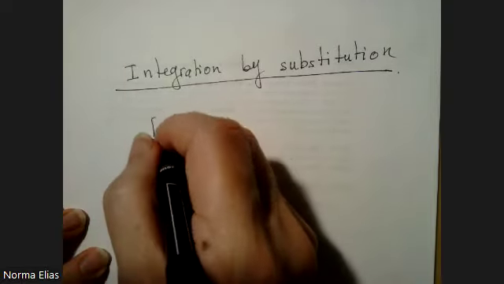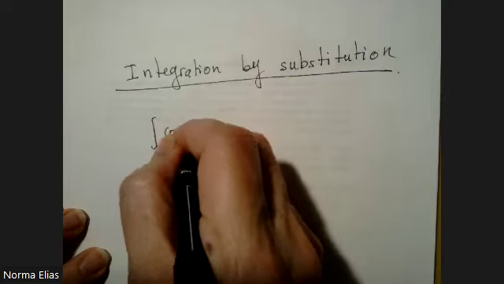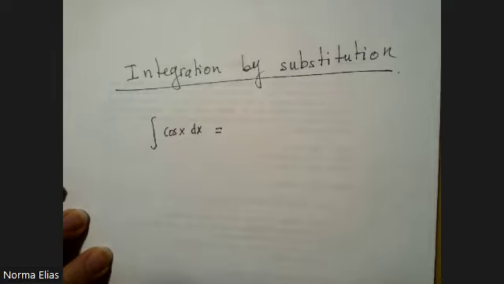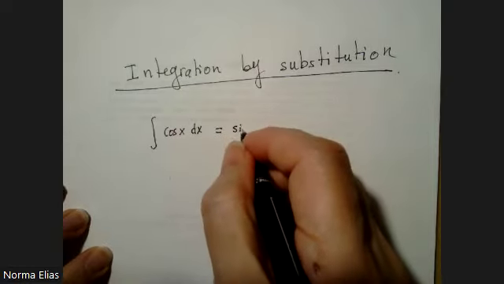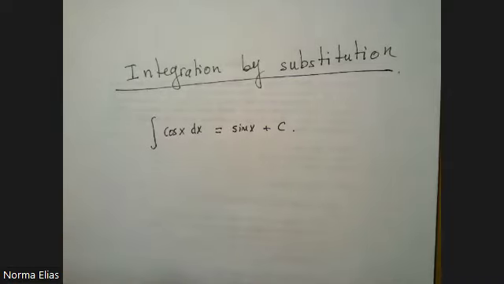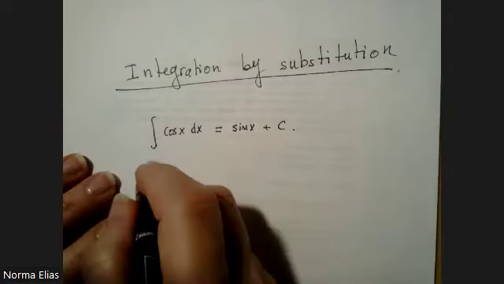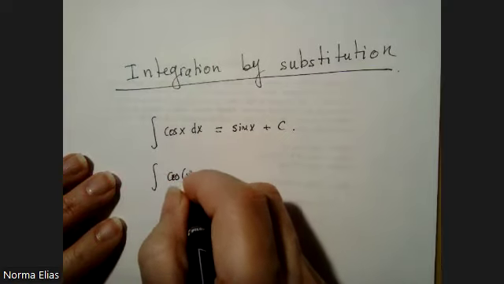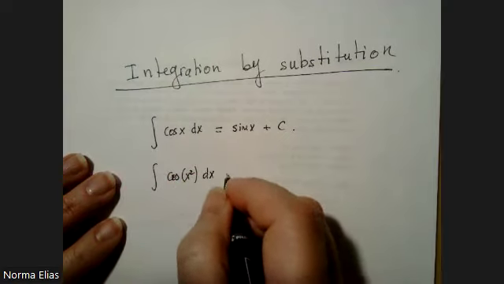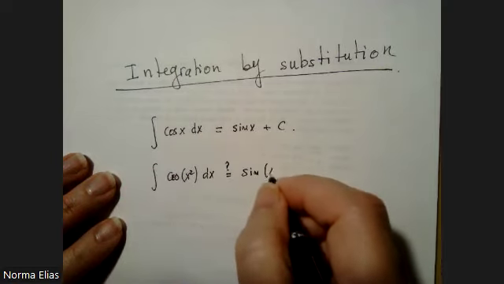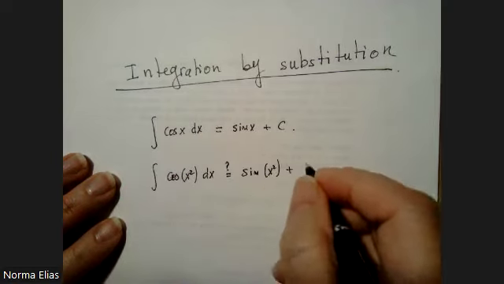So suppose I take the integral of cosine x dx. And this is obviously sine x. We know that. Now, what if I put here cosine x squared dx? The question is, is this sine x squared plus c?